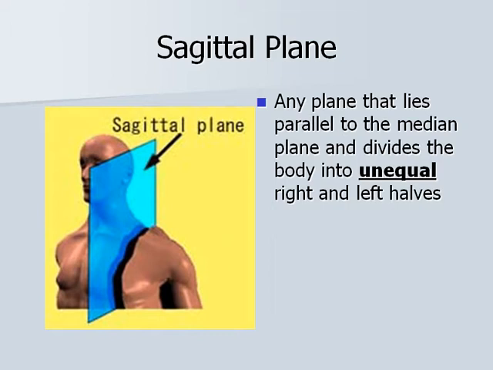Anywhere on your body that cuts you into right and left, besides right down the middle, is sagittal, and there are an infinite number of sagittal planes. Okay? The only one that's not sagittal is the median one, the one that divides you equally. So the key word between sagittal and median, equal or unequal. And we're still talking right and left halves.